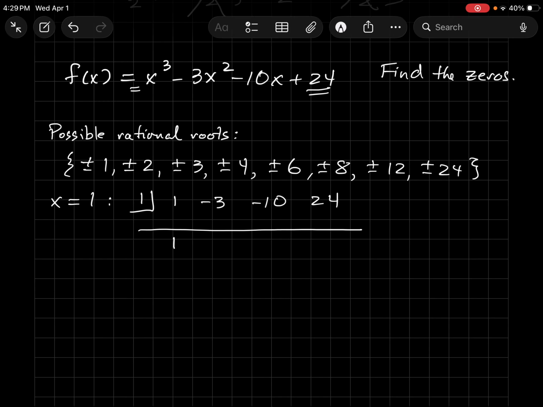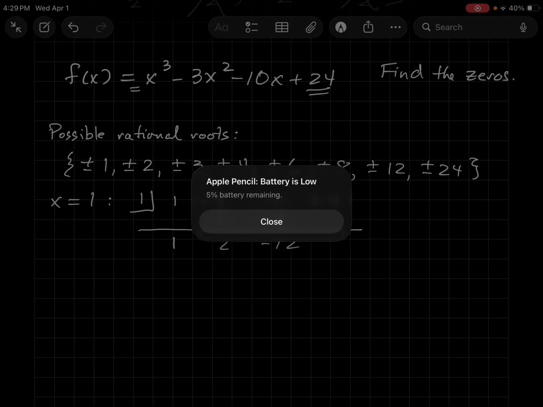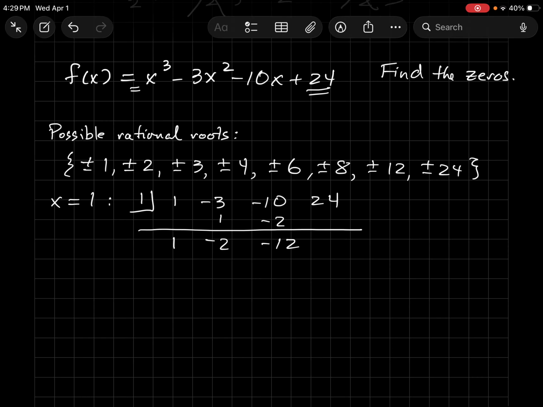We'll put the 1 there, and then we multiply, place, add, multiply, place, add, multiply, place, and add. Is my remainder 0? No. So x equals 1 is not a solution. Let's try x equals 2.